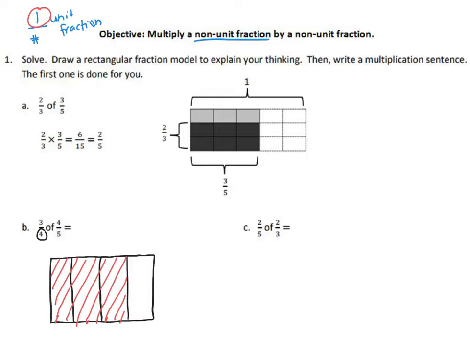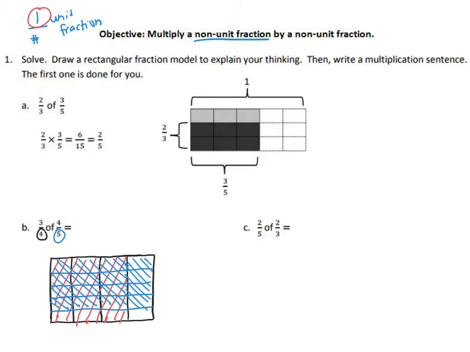So I'm going to split it into fifths the other way. And how many of those fifths am I going to shade? 4/5. So I have 1/5, 2/5, 3/5, 4/5.